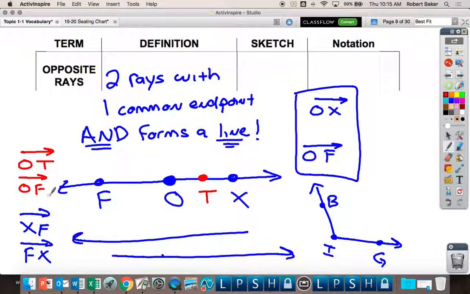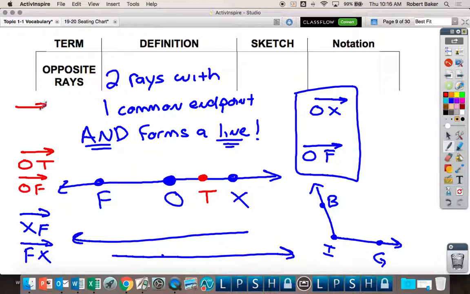Okay. Now let's pick a different common point. Can you name another pair of opposite rays? Did that one. So I don't want to start at O anymore. Okay, so perfect.